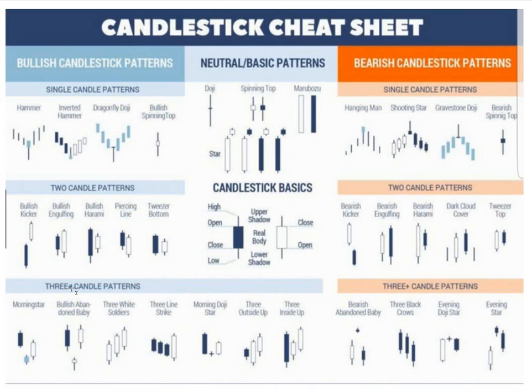The most important ones are your dojis, your hammer, and the inverted hammer. This is where the market decides what's happening. In a live chart, I'm going to show you some of the patterns, like three white soldiers, a morning doji star, a morning star, and some engulfing bull candles.